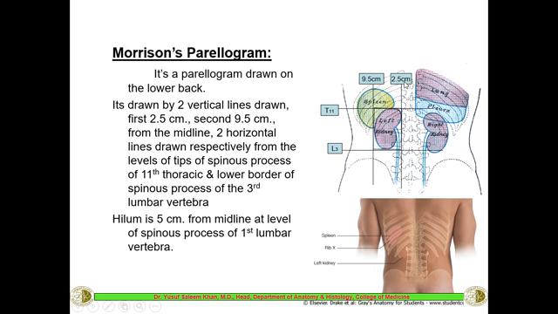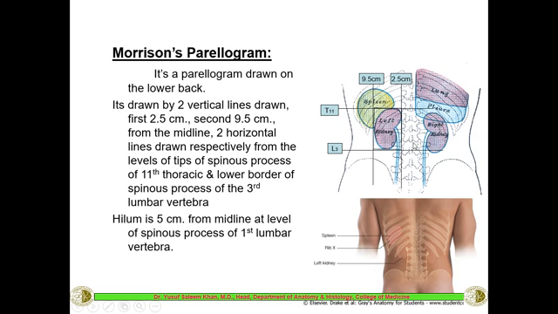Draw two vertical lines. The first vertical line will be almost 2.5 centimeters from the median plane. The second will be almost 9.5 centimeters from the median plane. Then two horizontal lines. The first one will be from the T11 process, and the second will be at the level of L3, from the spine of the third lumbar vertebra.